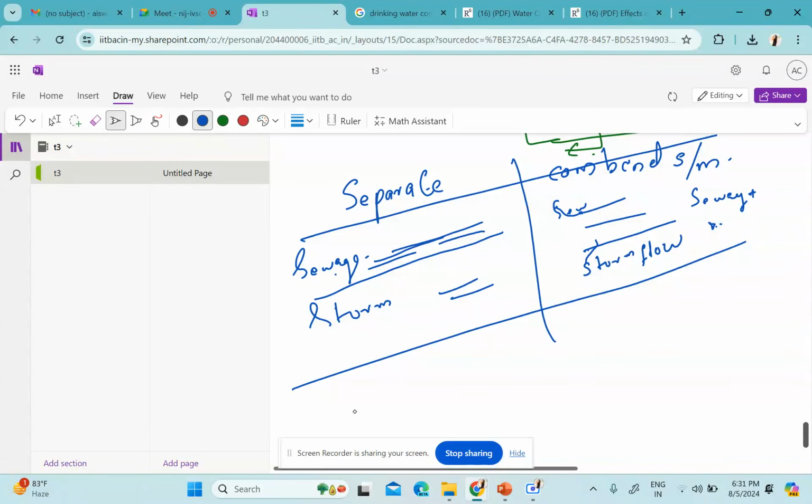In the sewage, some solid waste can also come and clog it, which will block the flow. If the sewage from the home itself has some solid things which do not dilute in the water, then it will affect the sewage system.